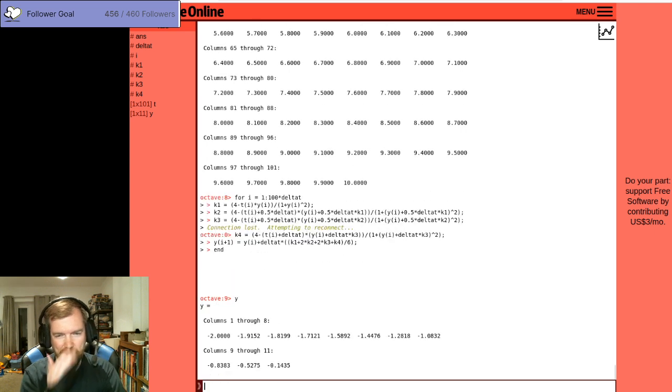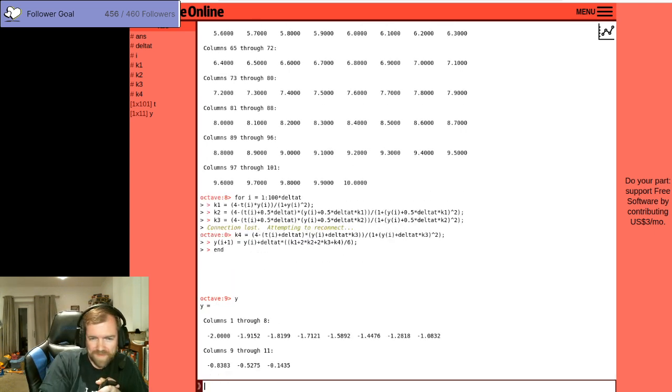What's y? I think that might be right, despite the disconnection and whatever else. Those numbers look reminiscent of what we had before in our last, when we did this with Euler's method. Which tells me that we're in the right ballpark.